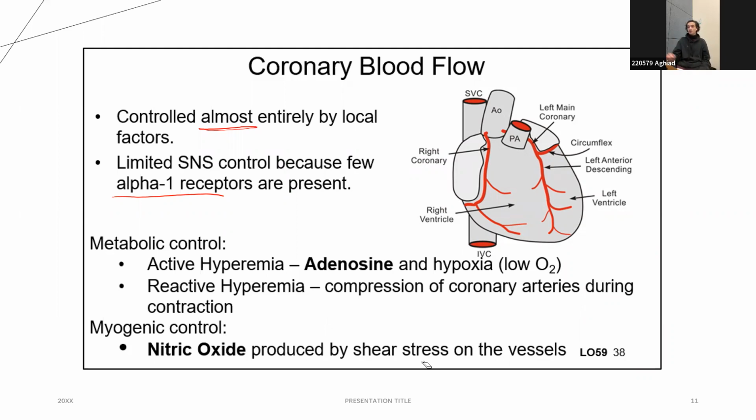Now the myogenic control. The shear stress is put on by the sympathetic innervation. We said it's limited, but it's not absent. So due to the sympathetic stimulus, the vessels are experiencing more and more stress. That also helps in release of nitric oxide.